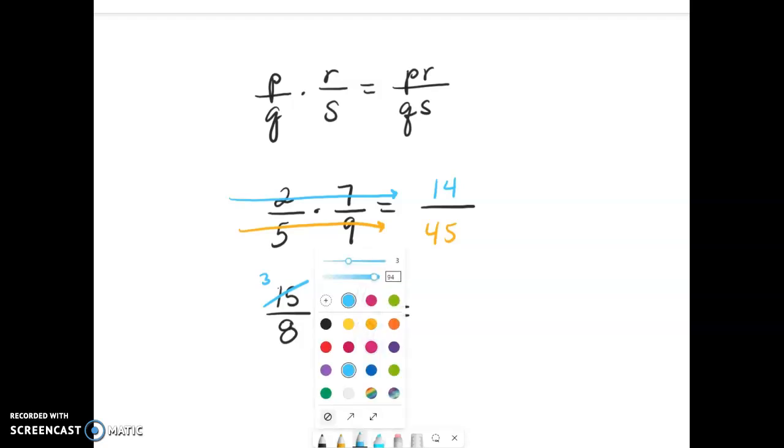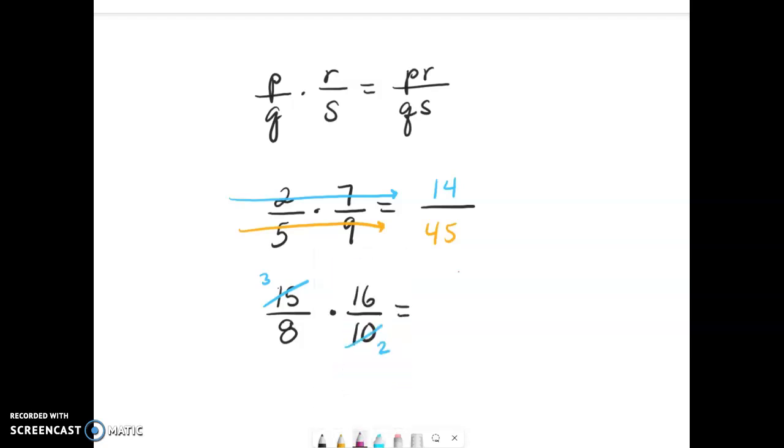And then I look and I see 8 and 16. So I'm looking at items where one's in the numerator, one's in the denominator. 8 and 16 have a common factor of 8 that would divide out. So 8 divided by 8 is 1, and 16 divided by 8 is 2. And notice I'm writing the numbers that are left so that I remember that those still are available.